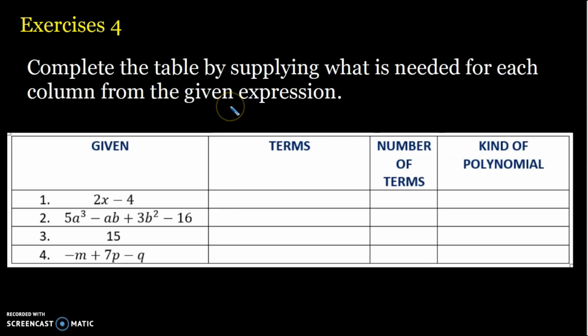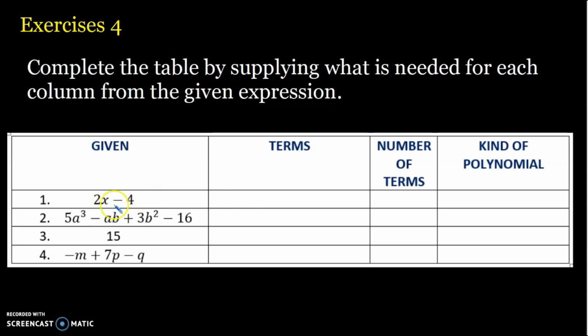Okay, it's a continuation. So it's the application of your concepts on the definitions of such terms in algebra. And the given direction is complete the table by supplying what is needed for each column from the given expression. So first column given, and we need to identify the terms, determine the number of terms, and identify what polynomial is that based on the number of terms.